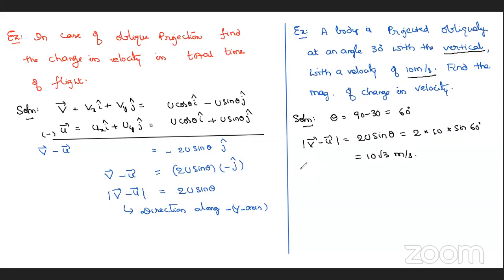Then next question here. Suppose if I give one question. In the above example, same thing: initial velocity of projection u is equal to 10 meters per second, theta is 60 degrees. Same.